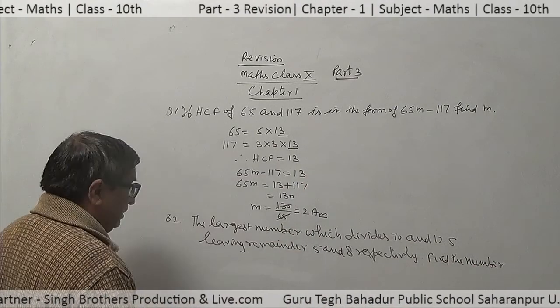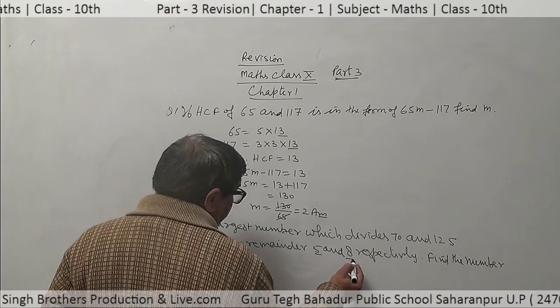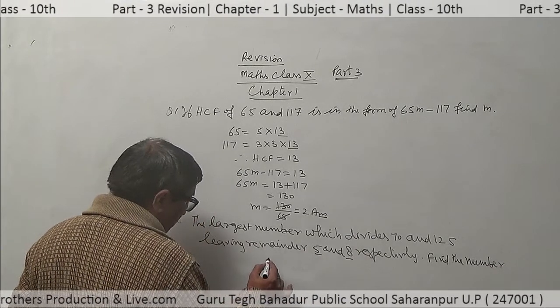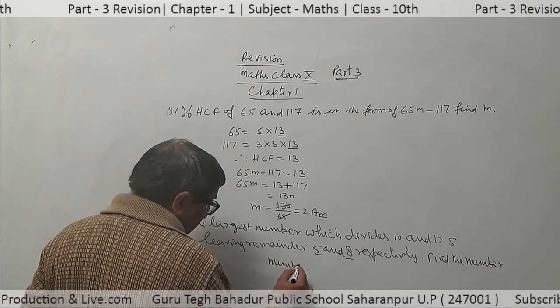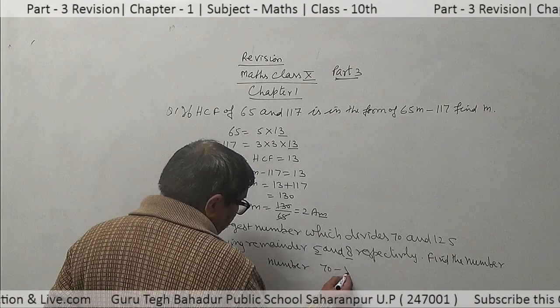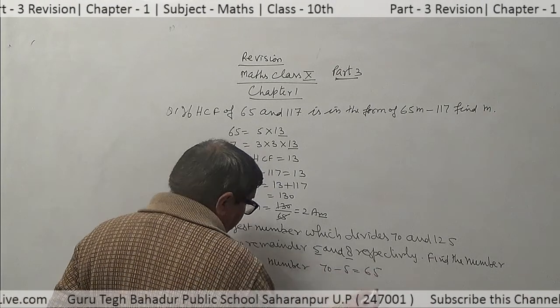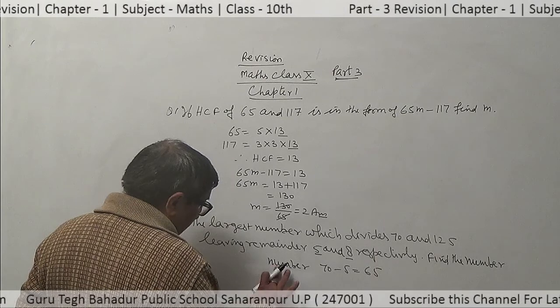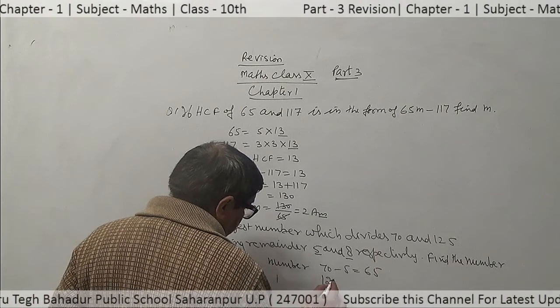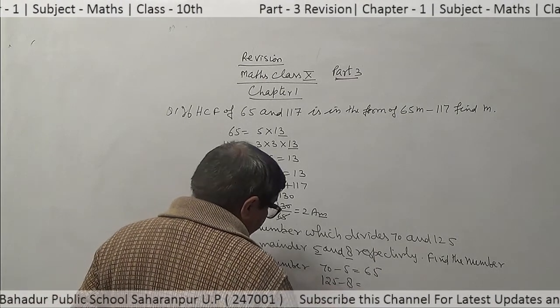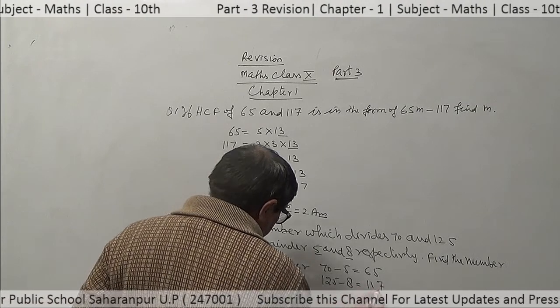So remainder is 5 and 8. So the numbers we will take are 70 minus 5, that is 65, and 125 minus 8, that is equal to 117.